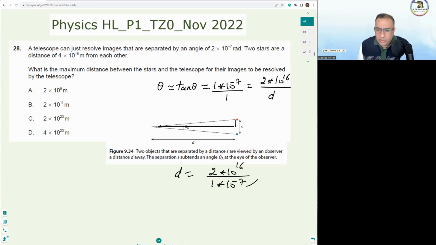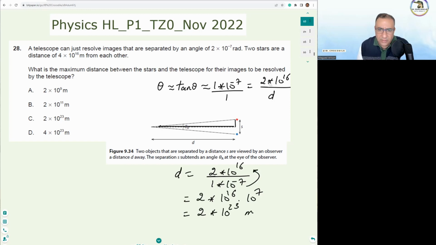Now you can bring 10 to the power of -7 up with a positive power. So you end up with 2 times 10 to the power of 16 times 10 to the power of 7. Now you have the same base multiplication, so you add the powers. It's going to be 2 times 10 to the power of 16 plus 7, which is 23.